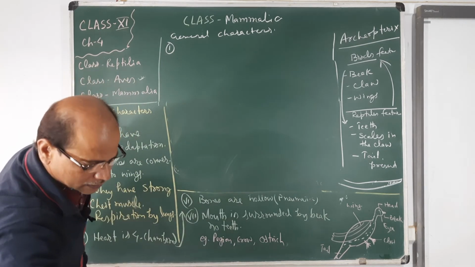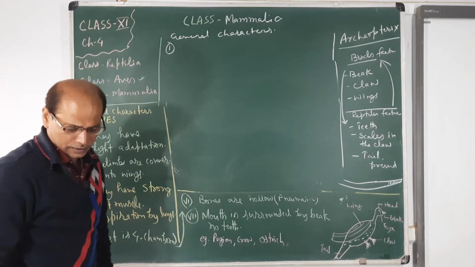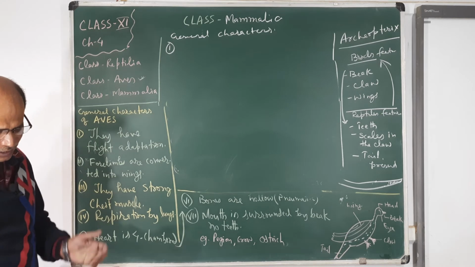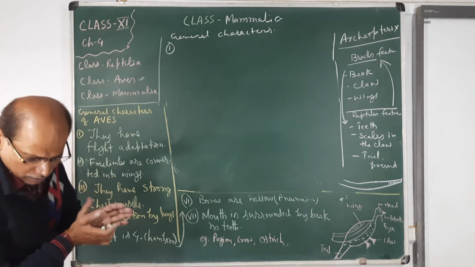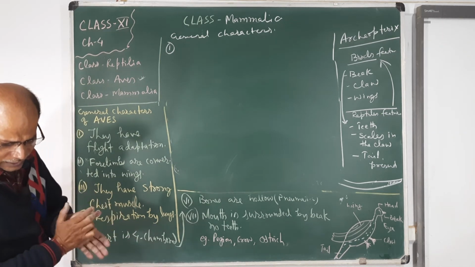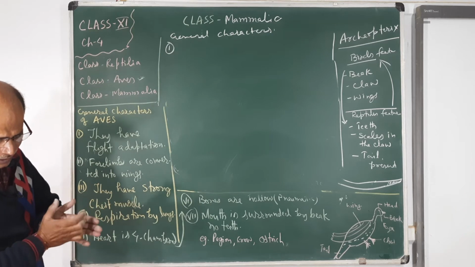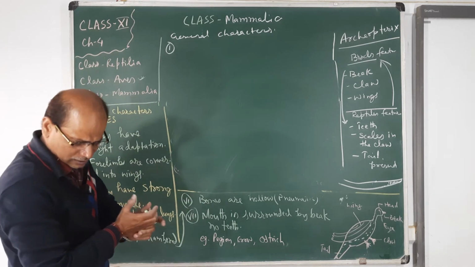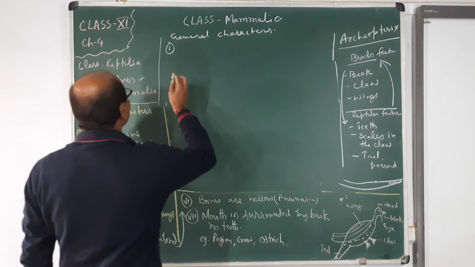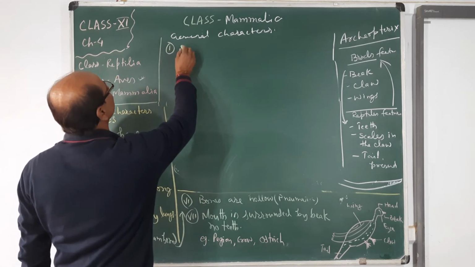So what characters do they have? The first one is that mammals are primarily terrestrial vertebrates. They occur in all sorts of habitat, means they are present in every part of the world.